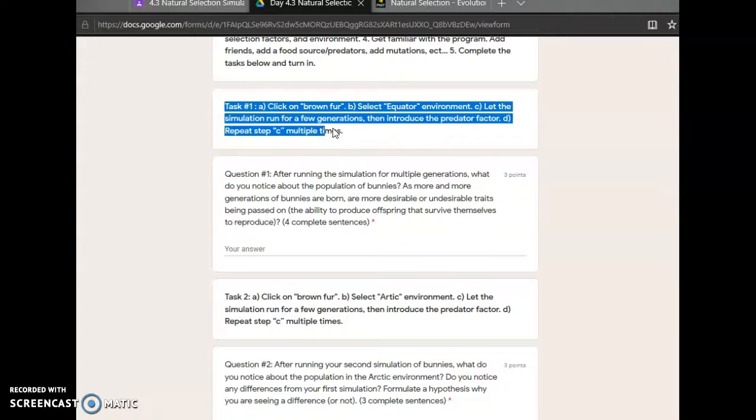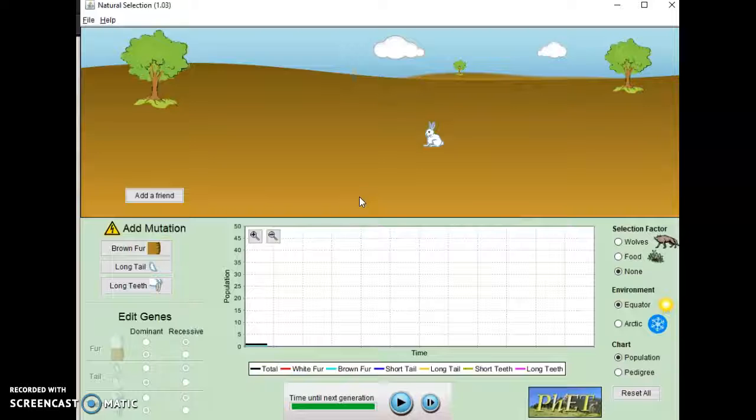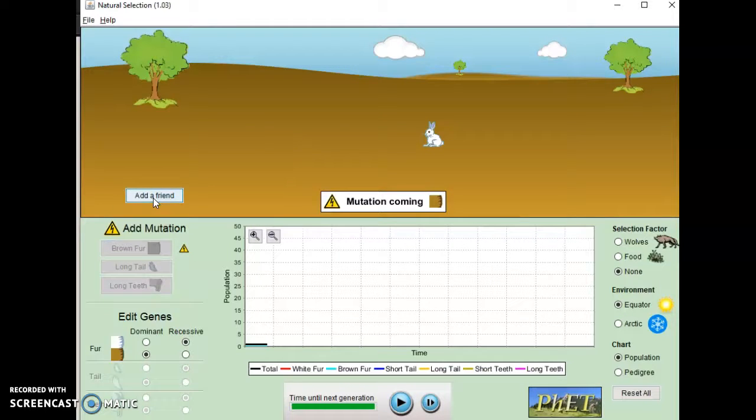I'm going to follow this right here. Brown fur, add a friend, and then press play. We are already in our equator environment, so we are good.